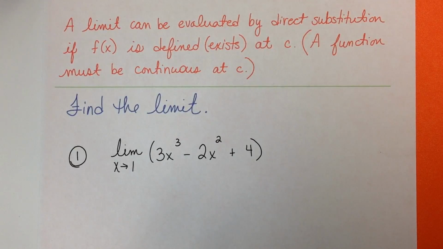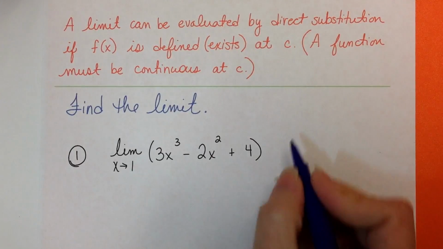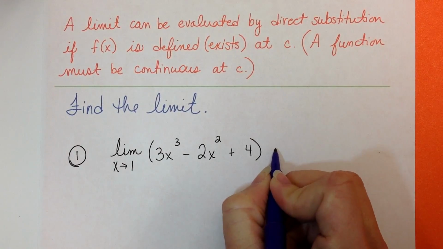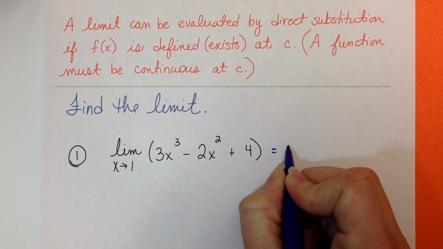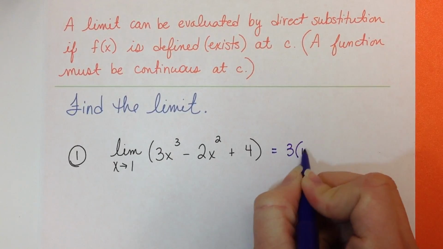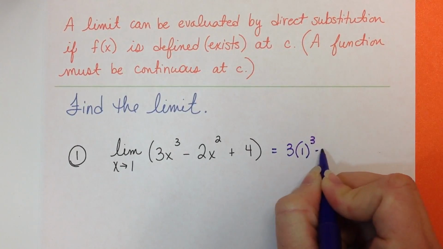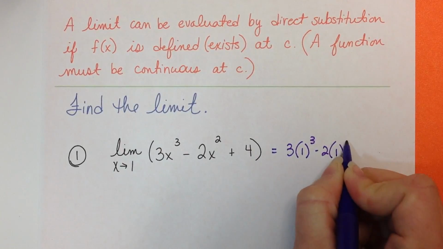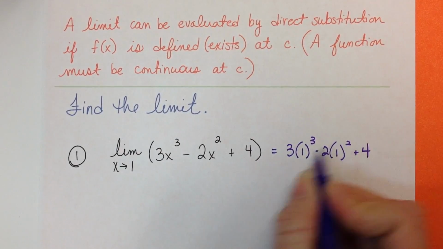So when you approach all of your homework problems in this section, you should always approach it with, okay, let's try direct substitution and see what happens. Alright, so here's the first example. Limit as x approaches 1 of 3x cubed minus 2x squared plus 4. Like I said, just start all these off by doing direct substitution, see what happens. So when I do direct substitution, I would have 3 times 1 cubed minus 2 times 1 squared plus 4.